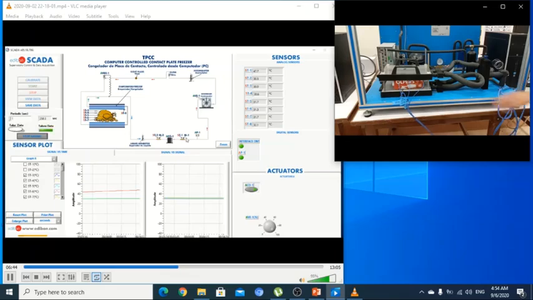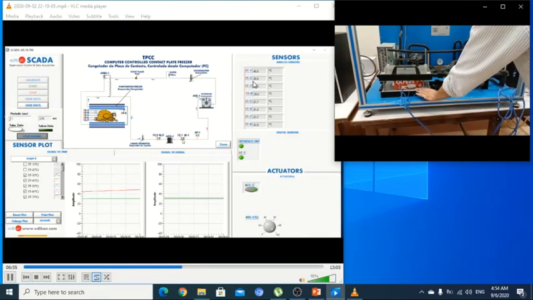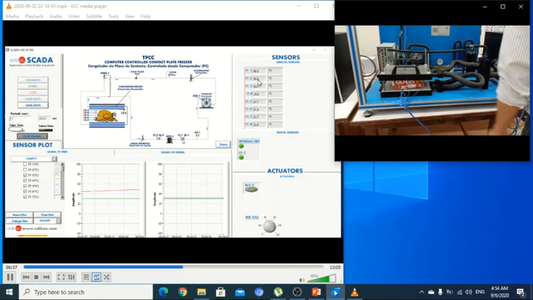So we have to wait. And you can see this ST1 is now approaching 50 degrees centigrade, and ST2 is sustaining a temperature of 30.5 degrees centigrade.